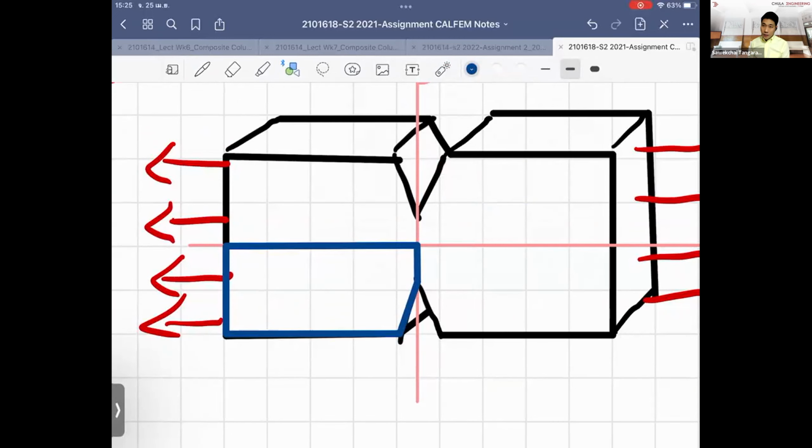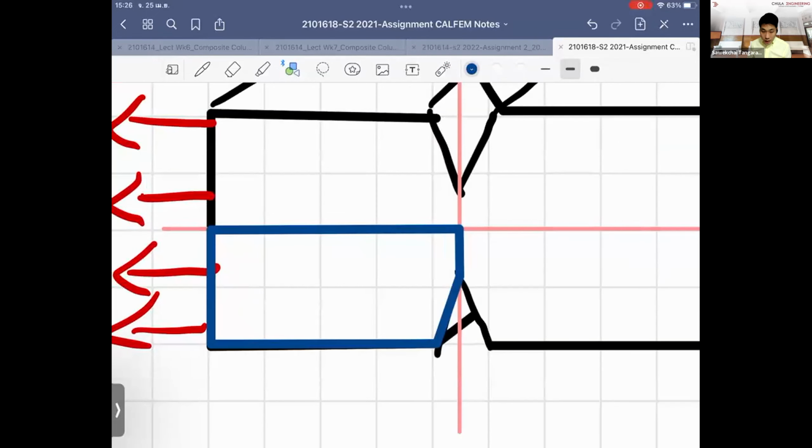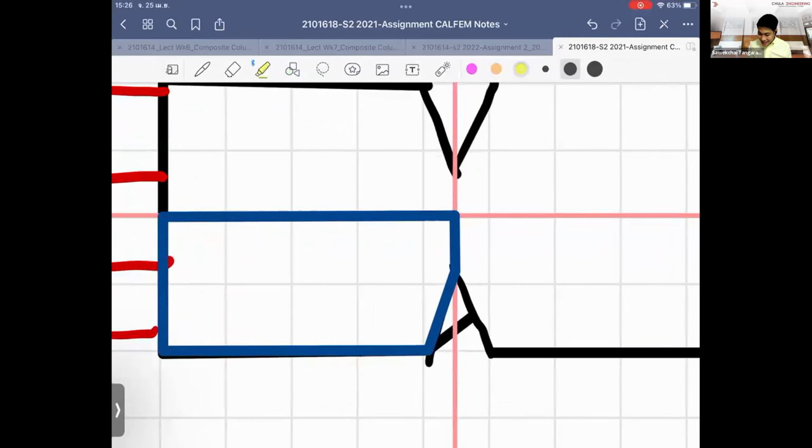When we decide that we want to model only the quarter, we have to identify the boundary conditions. This is the first thing. What we see is that this is the boundary where we share the areas at the top and the sides.